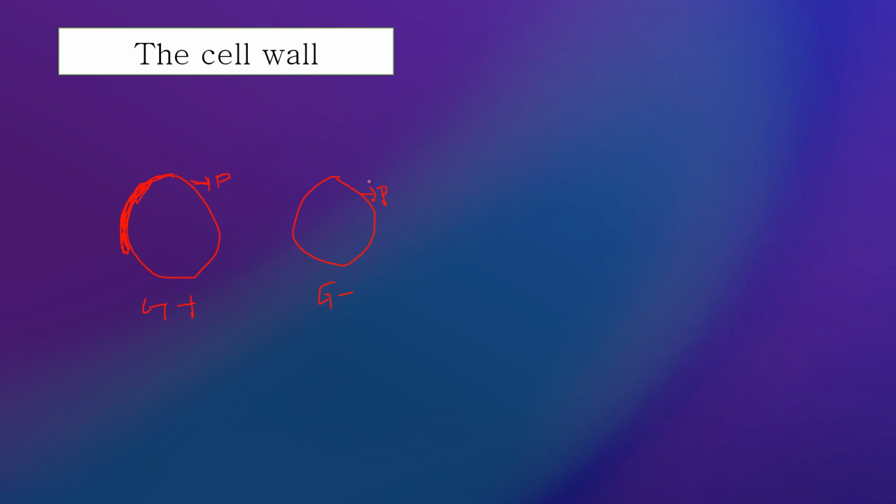In gram negative bacteria peptidoglycan is also present, but in a thin layer. Then outer to the peptidoglycan in gram negative bacteria there is lipoprotein. Can we see lipoprotein in gram positive bacteria? No, there is no lipoprotein in gram positive bacteria.